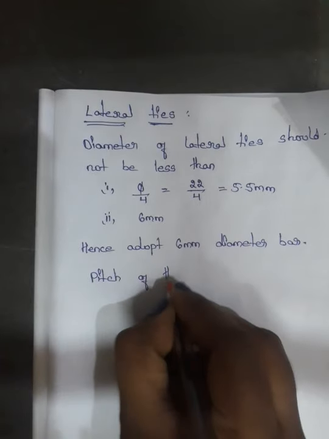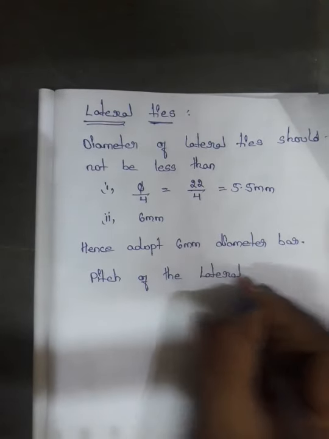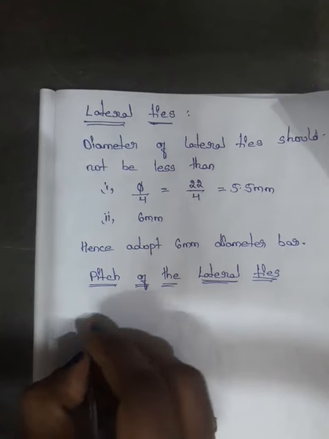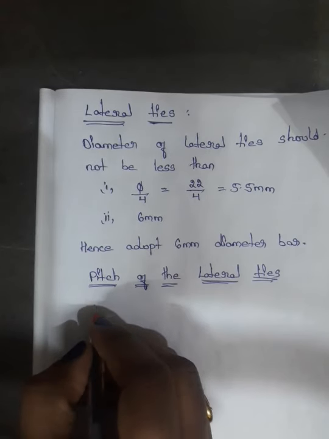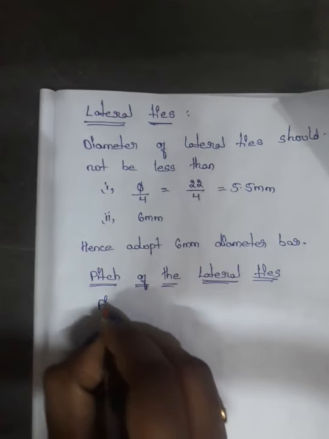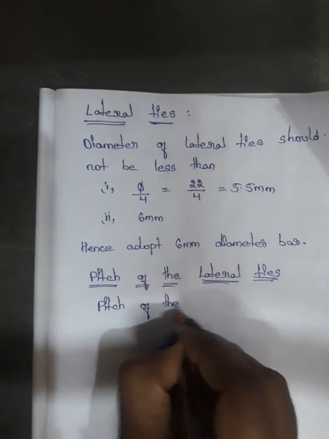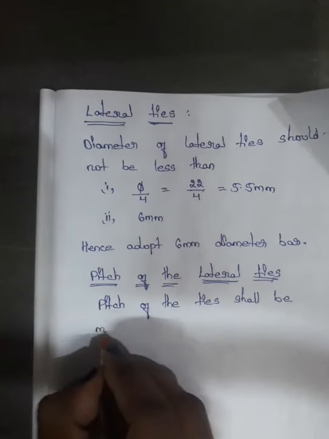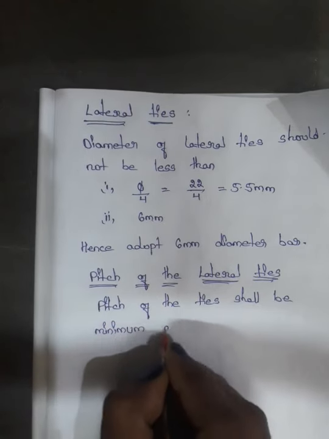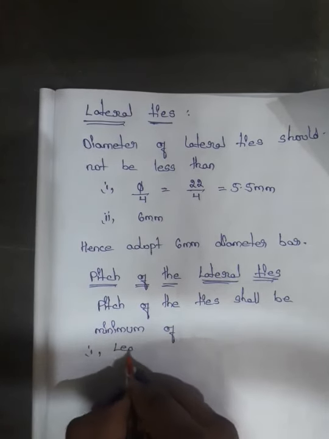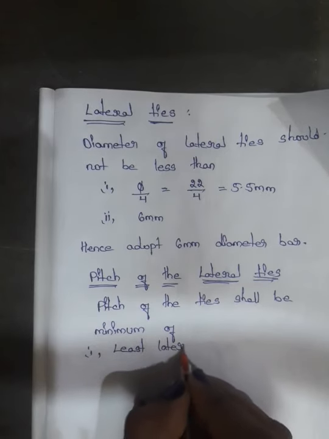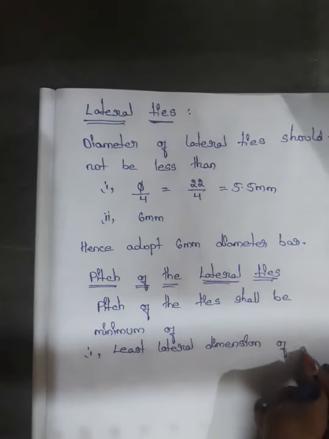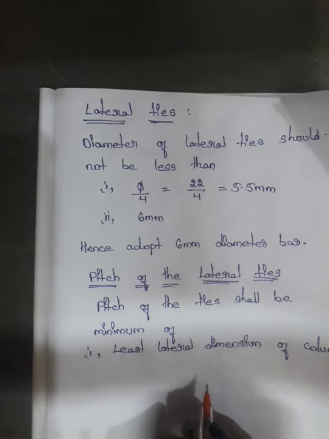The pitch of the lateral ties shall be the minimum of the least lateral dimension of the column.